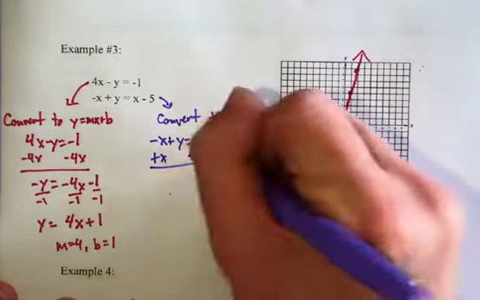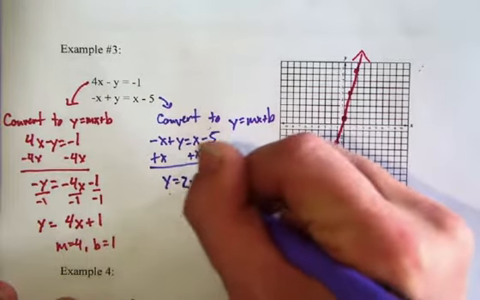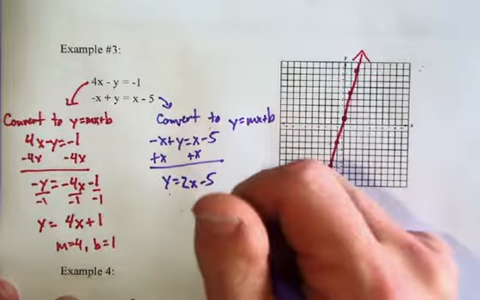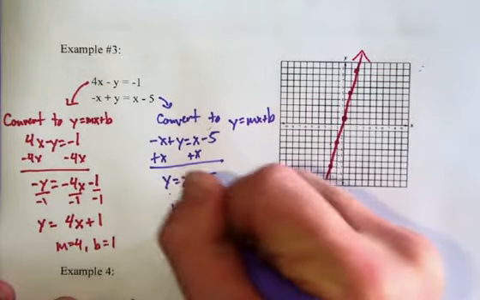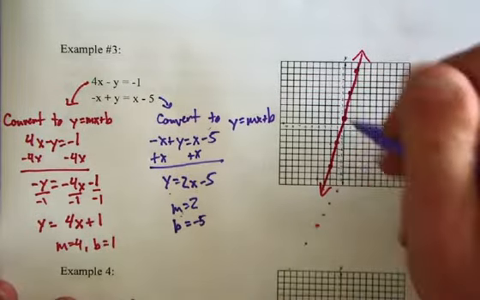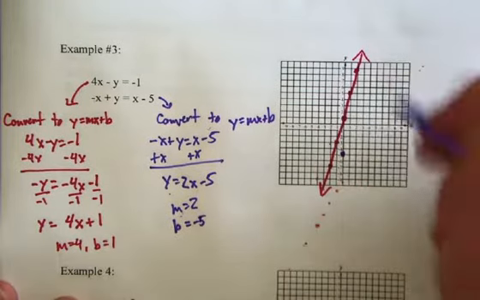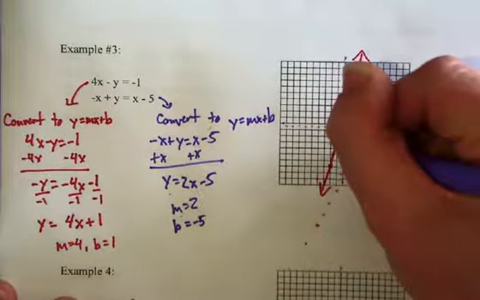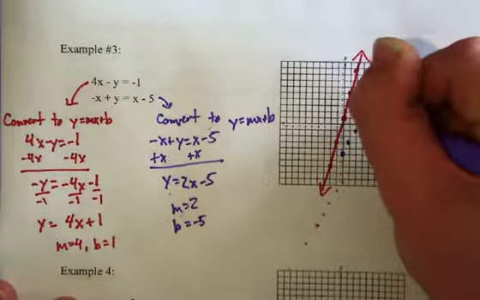We're going to do it to that side too. We get y equals x plus x is 2x minus 5. Okay? So our slope is 2. Y-intercept is -5. We're going to go 1, 2, 3, 4, 5. So we're going to go slope 2. We go up 2 over 1, up 2 over 1.